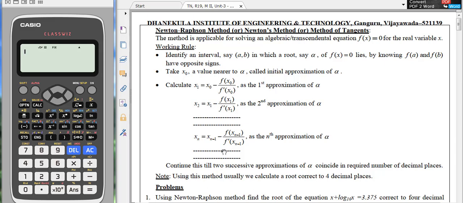We continue this process till two successive approximations of the root alpha coincide in the required number of decimal places. Using this method, usually we calculate roots corrected to 4 decimal places. That is all about the working rule that we use in applying the Newton-Raphson method.